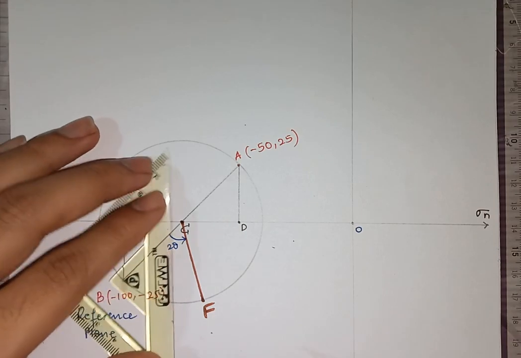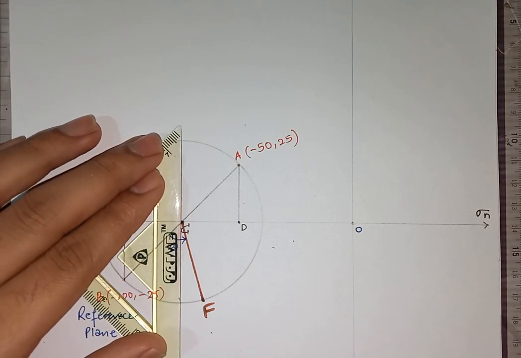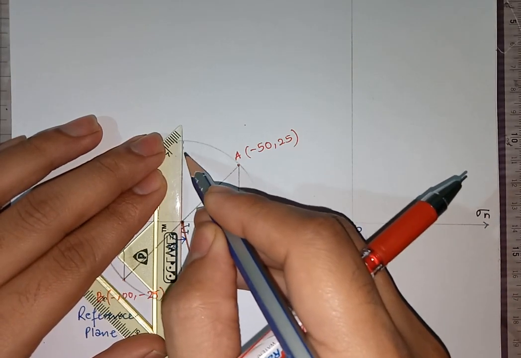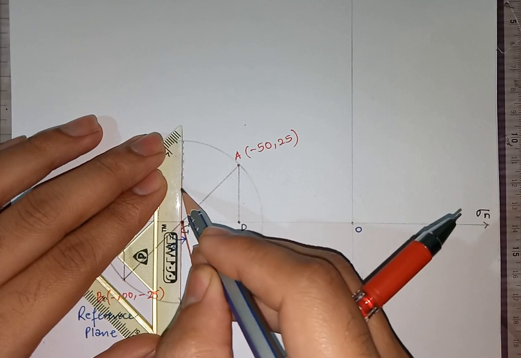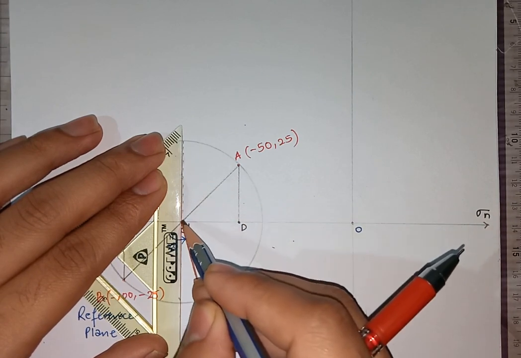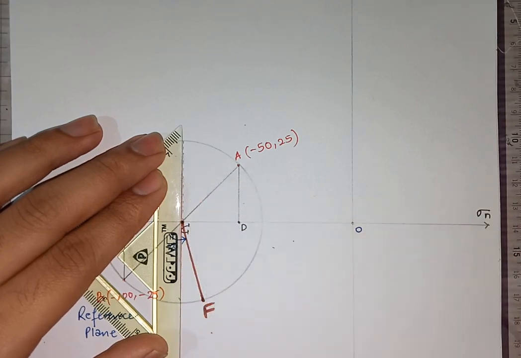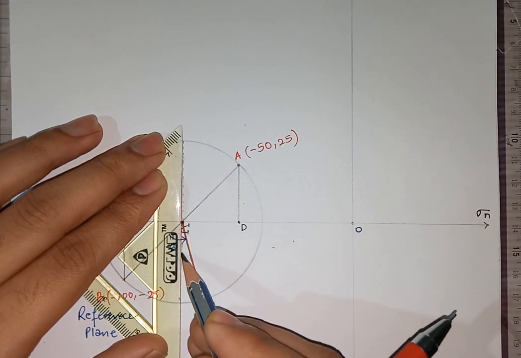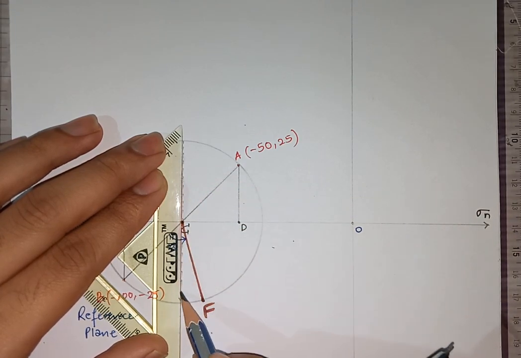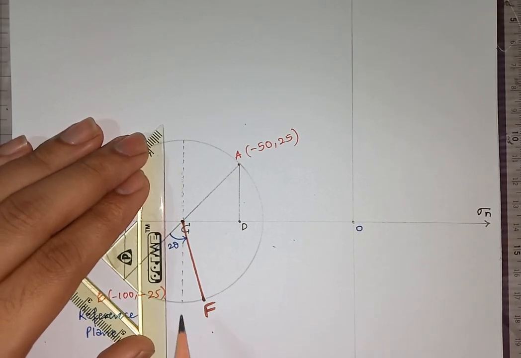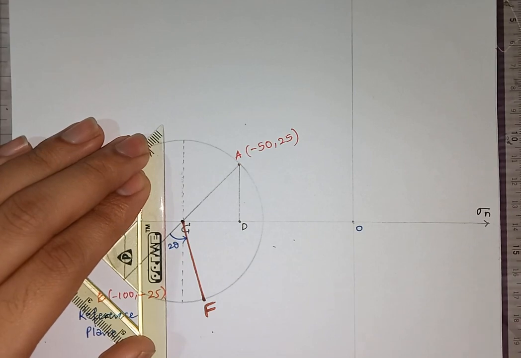In order to allocate maximum and minimum shear stresses, you need to drop a perpendicular from the highest point on the circle to the center. I have drawn the dotted line because even this is the highest point on the circle, and even this is the highest point on the circle.